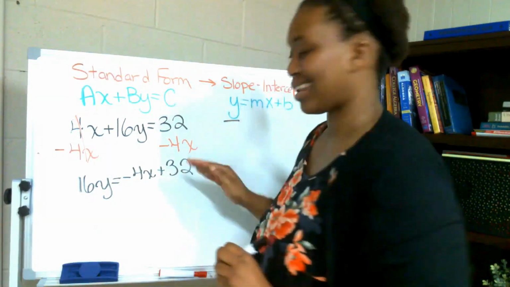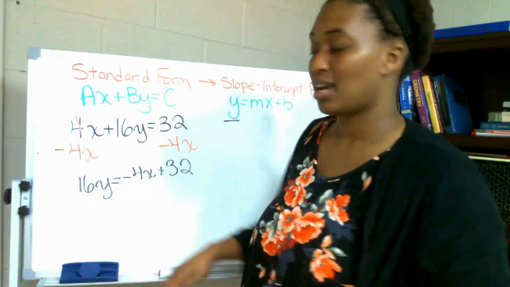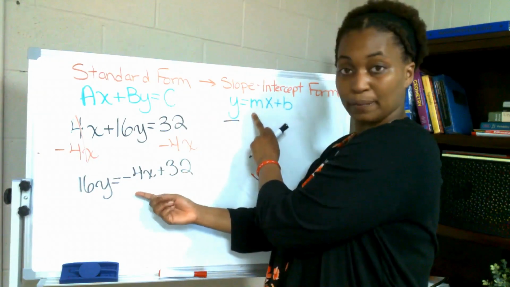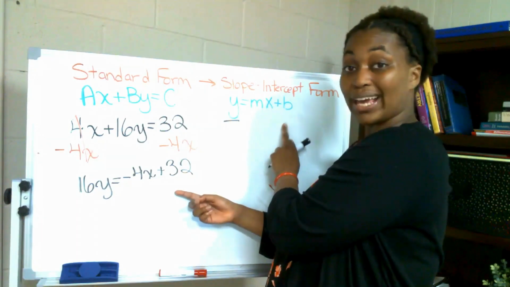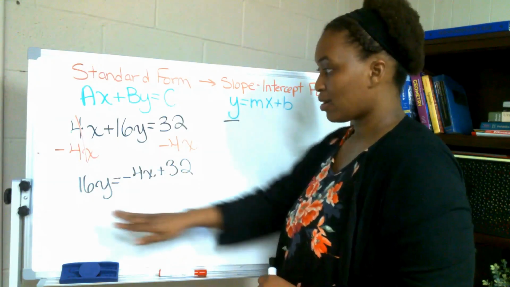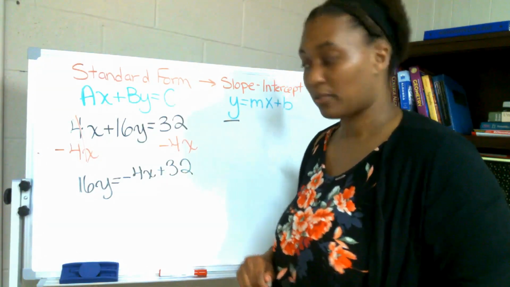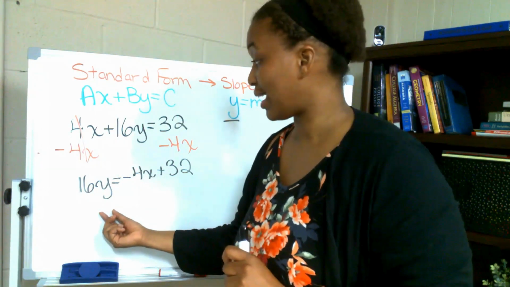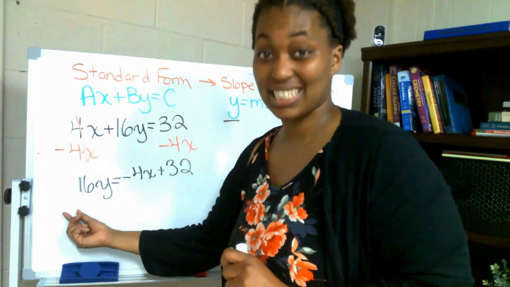So I place that negative 4x in the front of my right-hand side because look, we have our slope forming. We also have our y-intercept forming. Okay? Now, we're not done. We have one more layer to pull off. Now remember, we have our variable y being multiplied with the coefficient 16.